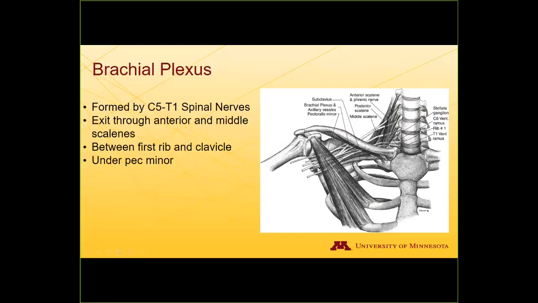So you can have one of two types. You can have more of a neurogenic, or basically irritation to the brachial plexus, or you can have more of an arterial or vascular compression occurring during thoracic outlet syndrome. Okay, but I just wanted to understand the course of the brachial plexus as it travels basically to the level of the humerus.